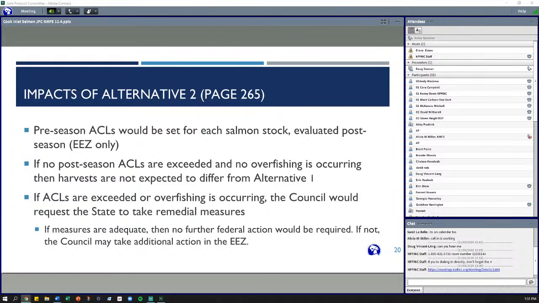In the event that an ACL was exceeded or overfishing occurred, the state would have an opportunity to take management action to correct this. If they either didn't or this was insufficient, the council might take additional management action. However, this would only be applicable to, again, the commercial salmon fishery that occurs in the EEZ.